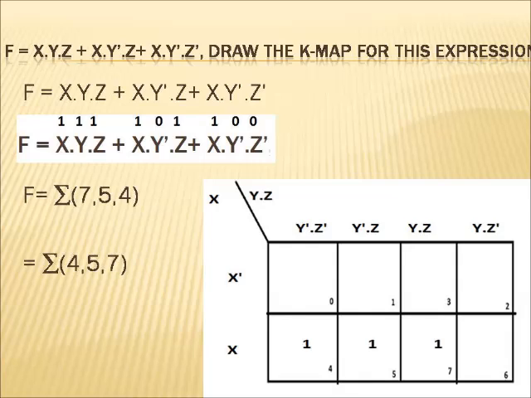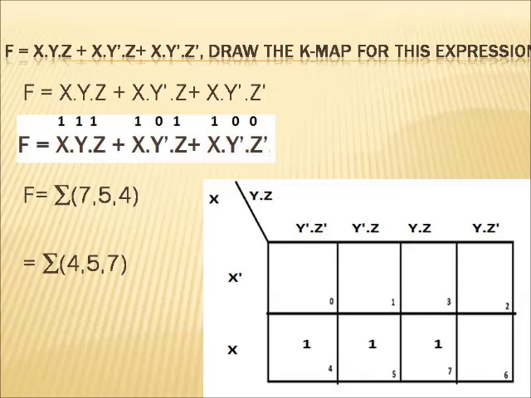Now suppose you get an expression in cardinal form. It is very easy for you to mark the indices, because here I am putting the value 1 in the cells numbered 4, 5 and 7.